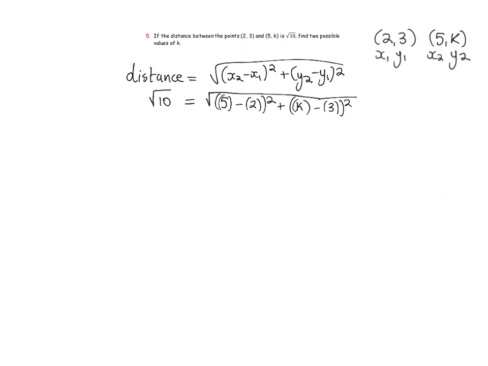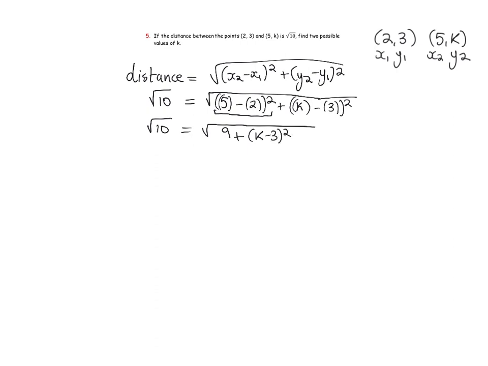Now, this looks a little bit daunting, but if we take it bit by bit, it's not too bad. The first thing you might do is figure out what this first part is by typing it into your calculator. So we get the square root of 10 is equal to the square root of 9 plus (k minus 3) squared.